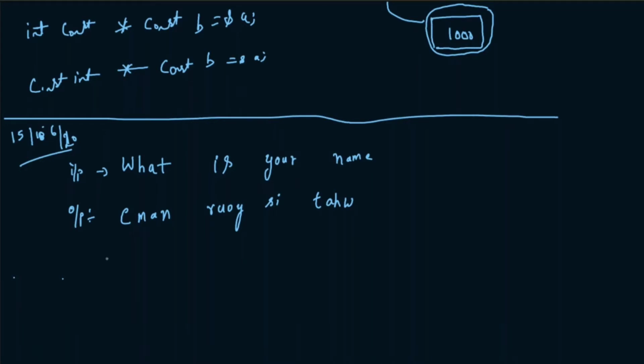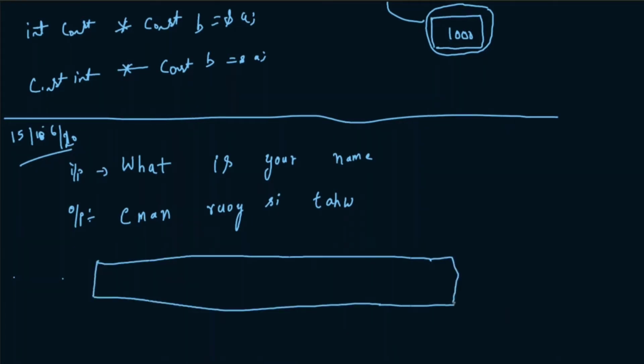Whenever a string program comes afterwards, what I want you to do is this: first I will draw a block. Whenever you do any string programming, I want you to draw the block diagram. Let's say here, what is this? W H A T, what.